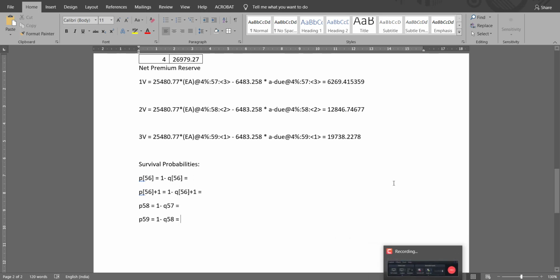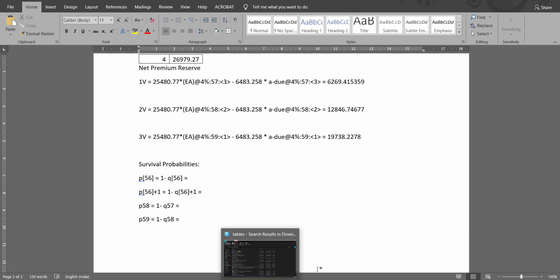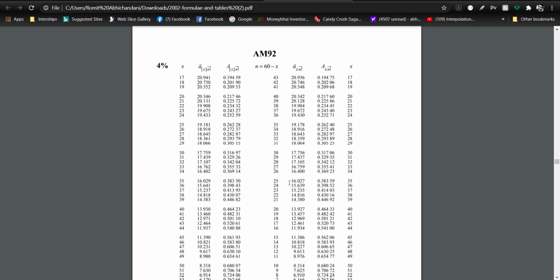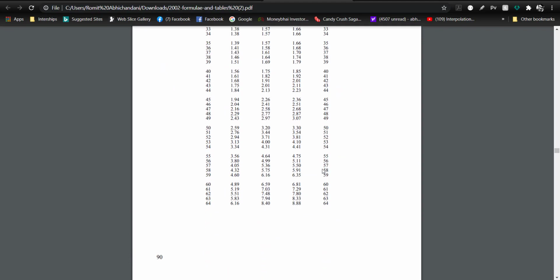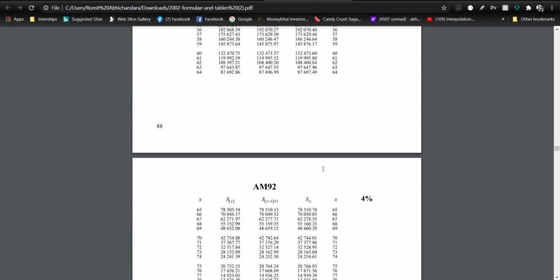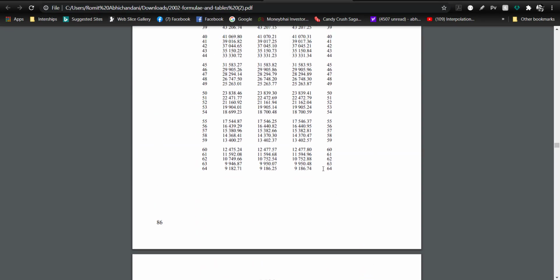Right? So again, where are we? We have to go to the tables. Tables are right here. AM92 survival probabilities. Even in fact, I need death probabilities, Q. Where are they? Where are they? Where are they?